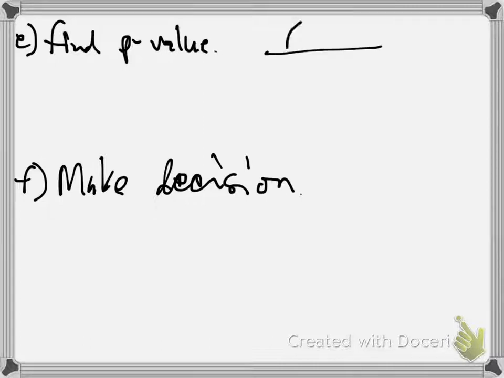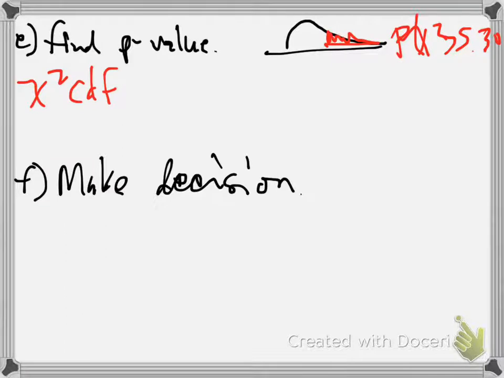It's a right-sided test, so we're looking for the probability that chi-squared is greater than 5.308. So that's going to be chi-squared CDF, 5.308 to infinity. So we'll put 999.